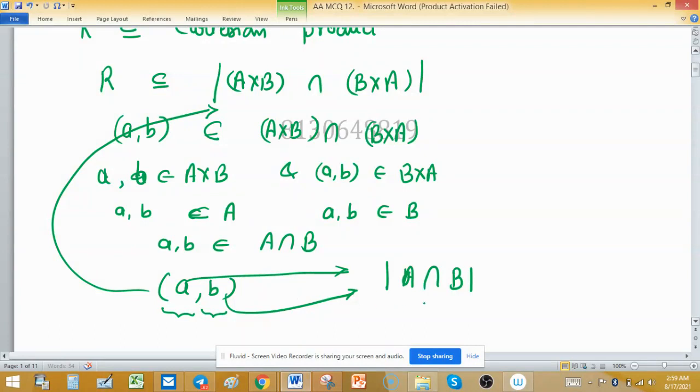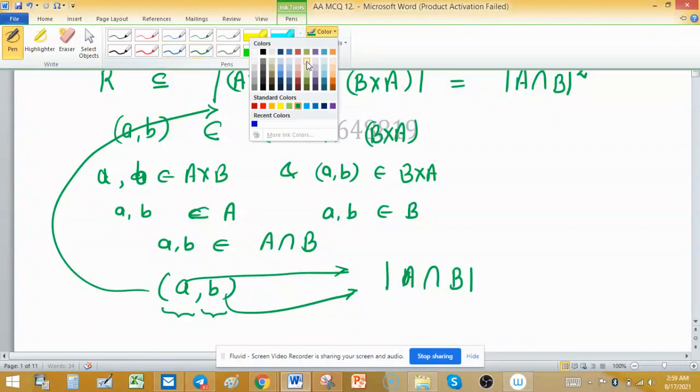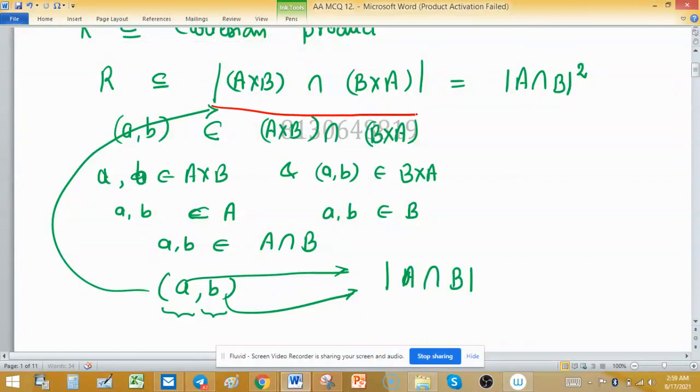So the cardinality of this one is equal to the cardinality of A intersection B squared. So we have the concept that the cardinality of this one is equal to the cardinality of this, as you can see. This is a remark point you can consider.